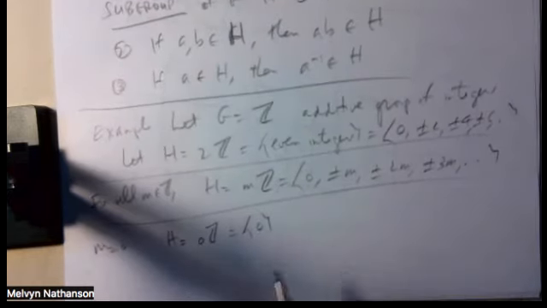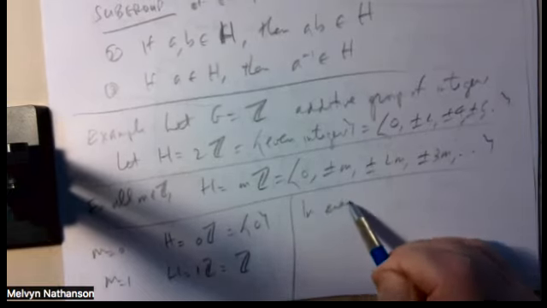And if you take the special case where m is equal to 0, that's the set of all multiples of 0. That's just the number 0 all by itself. That's a subgroup. And if you take m equal 1, then H, which is 1 times Z, just all multiples of 1, that's all integers.